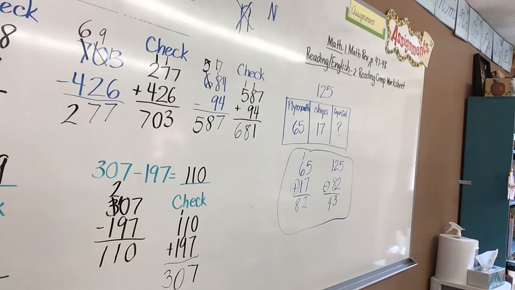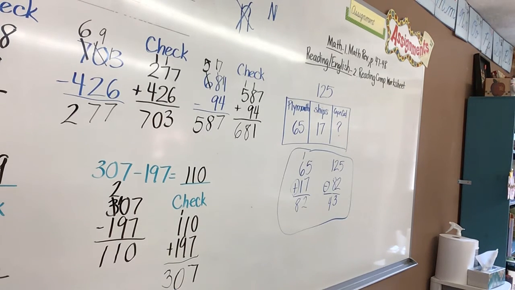So start with your difference. 259. Okay. So 259, and add back what you subtracted, which was 386. So go ahead and write that in. All right, so we're going to start with the 9 plus 6. 15.